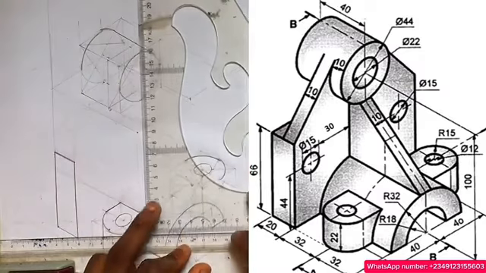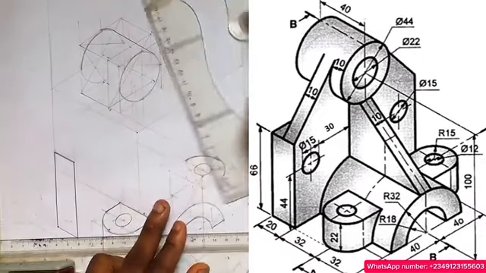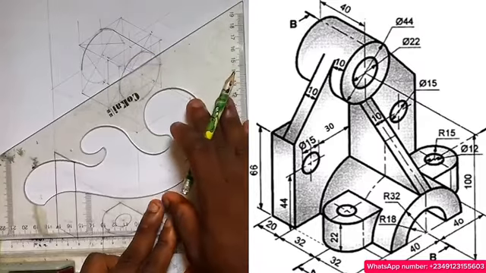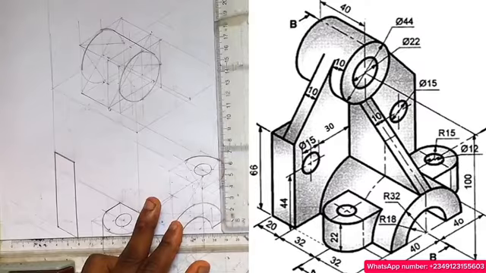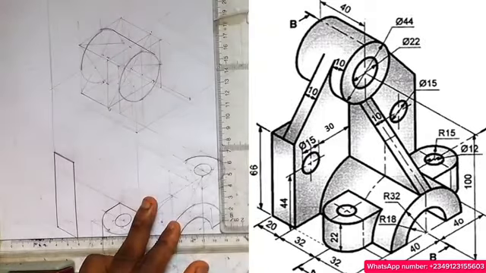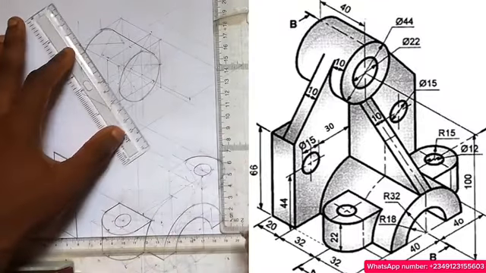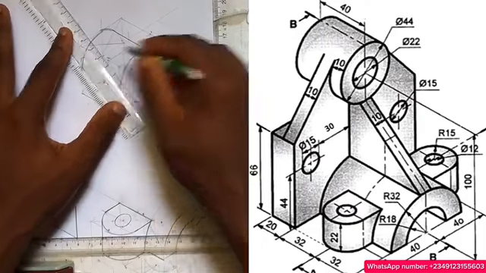So if I take this point down, this one, take it down, and also this one here, if I take this one this way, right, they both meet at this point here. That's my center, right?